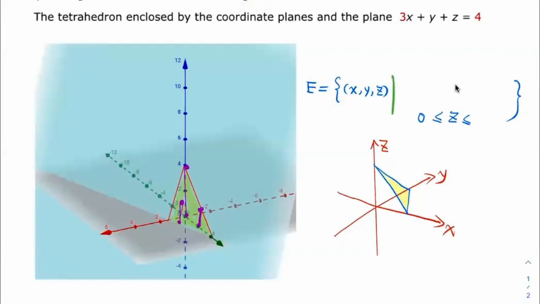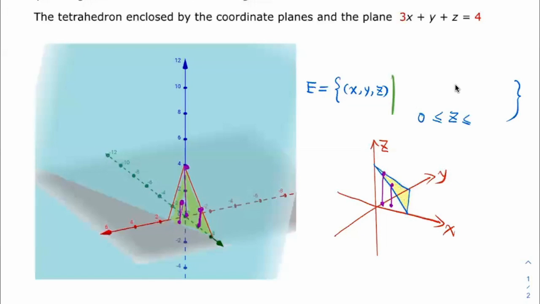You see the Z actually goes from the XY plane, and as soon as you hit the plane, it's going to stop. So every point over here hits the plane and stops right there. So the Z is going to be bounded above by this surface right there.